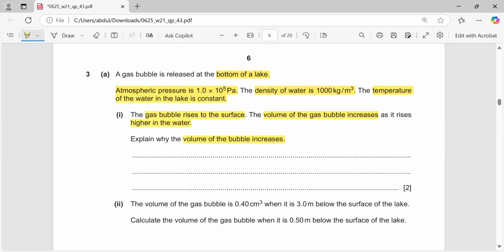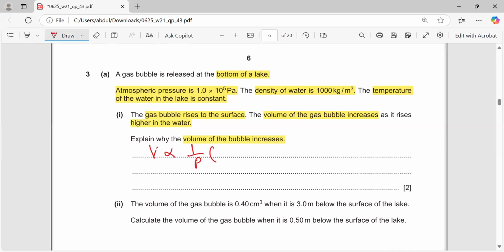As I told you, Boyle's law will be in action here. So, as I told you in the beginning, volume is inversely proportional to pressure when the temperature is kept constant.